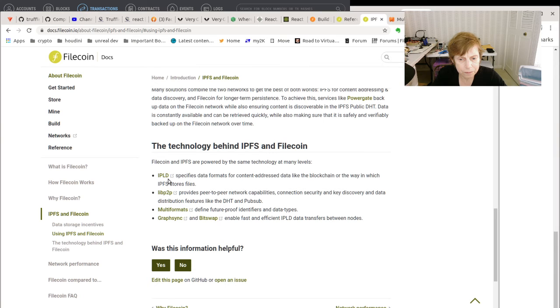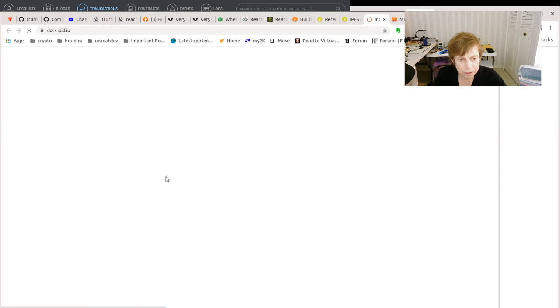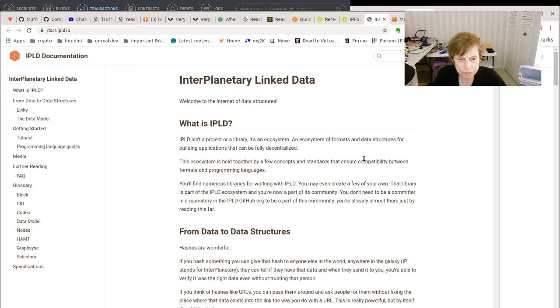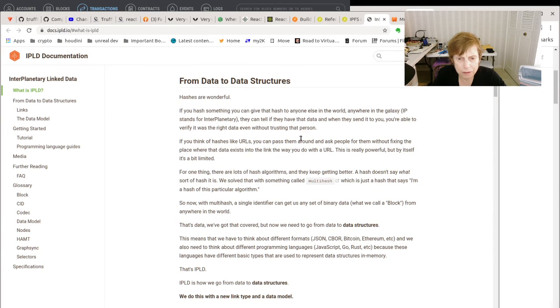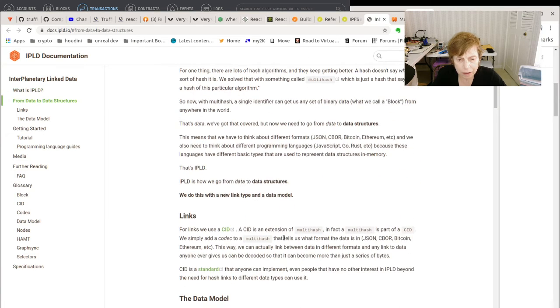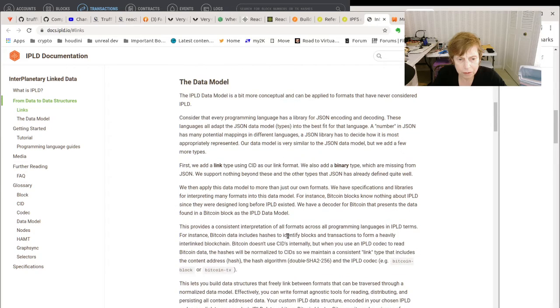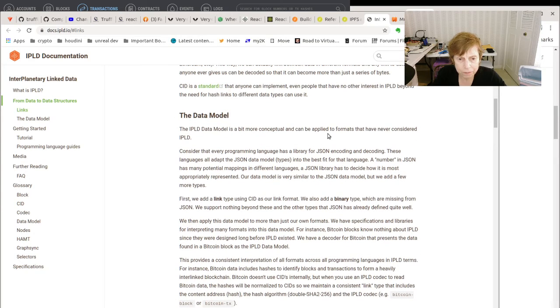Okay. So this is an ecosystem from data. You can think of hashes like URLs. We need to go from data to data structures. And so I think this is very interesting.